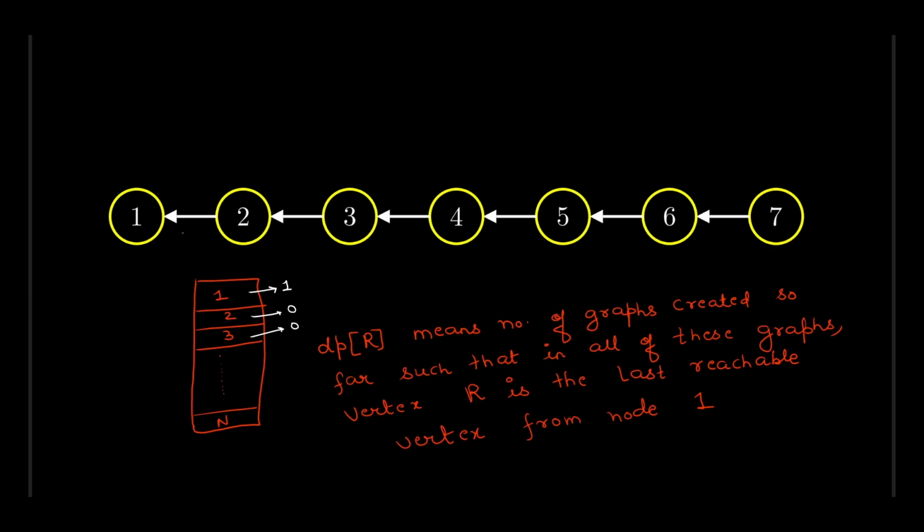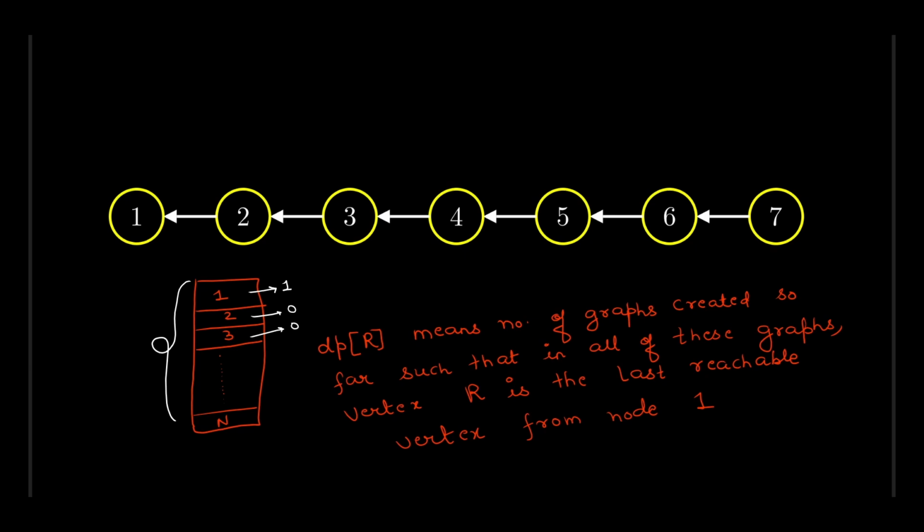There is no graph where you can reach vertex 2 when you have not introduced any edge so far. Now you introduce all the edges in sorted order, so all the edges starting at 1, and then starting at 2, and then starting at 3, and so on. Then you try to update the dp value of all of these r's.